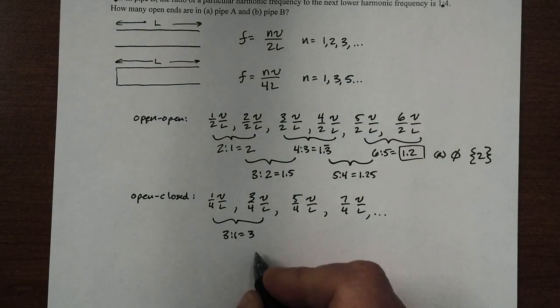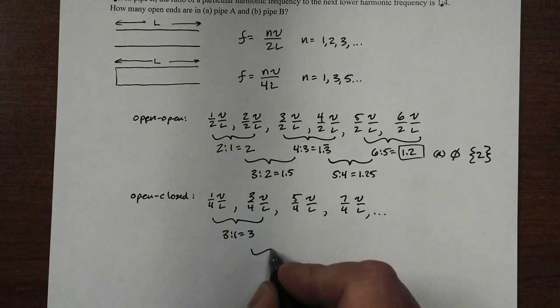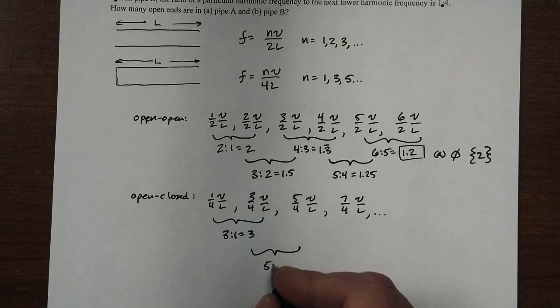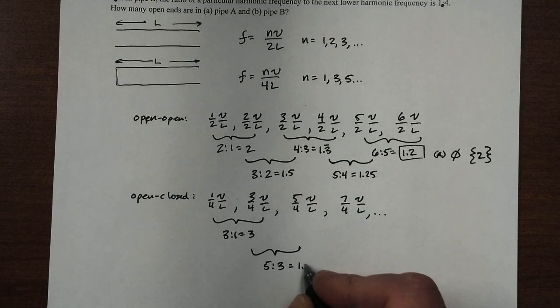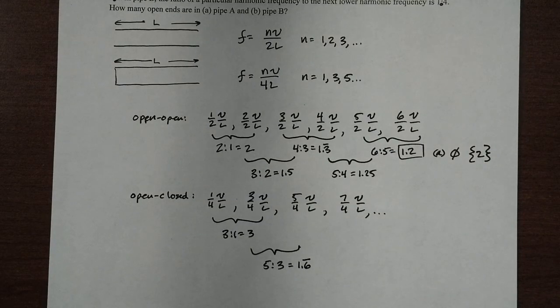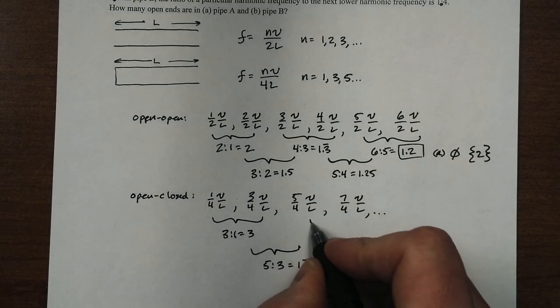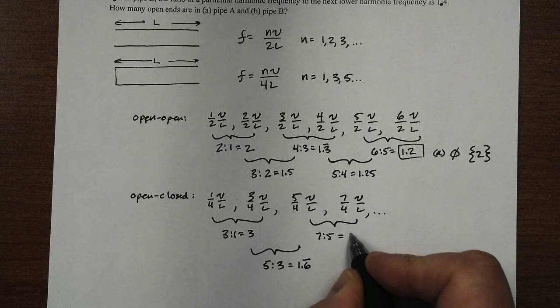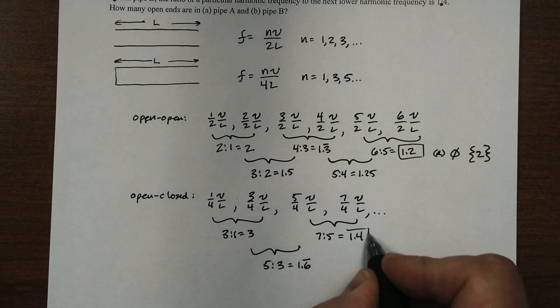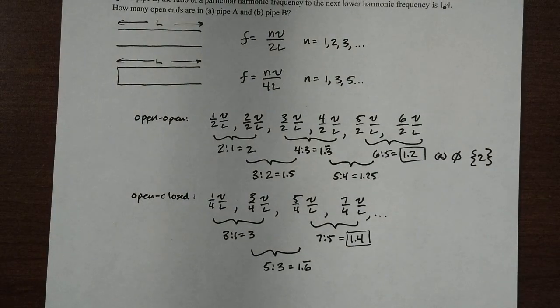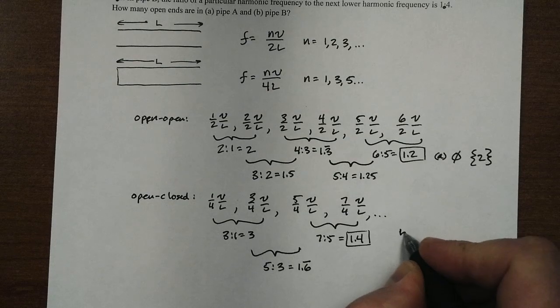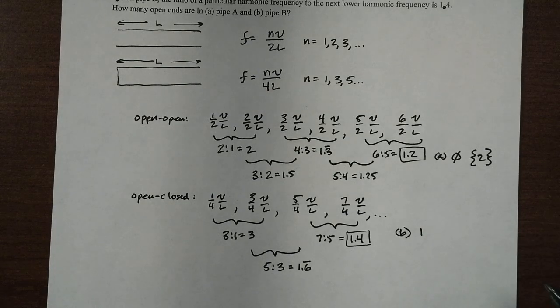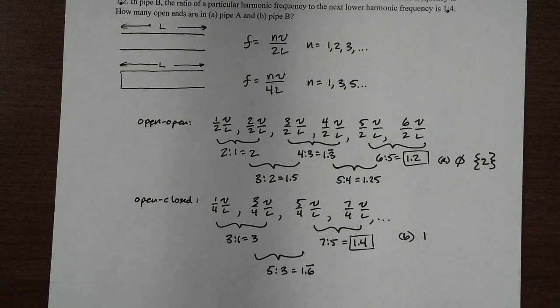That's not going to work. The ratio right here is 5 to 3. So what is that? 1.6 repeating. The ratio here is 7 to 5, and that in fact is 1.4, which is the thing we were searching for pipe B. And what that means is pipe B has one closed end to it.